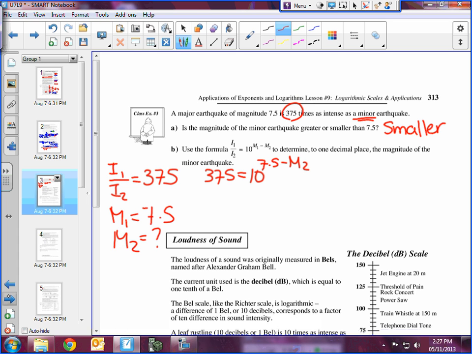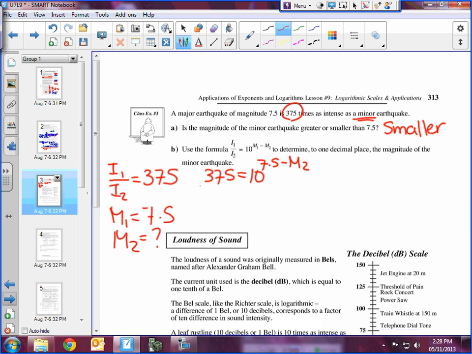Okay, so as soon as I have the variable in the exponent, what did we do yesterday to solve for that variable? Yeah, change it to log. So change it to logarithmic form. Every time you're looking for a variable that's in an exponent, change it to logarithmic form. How would I change this to logarithmic form?